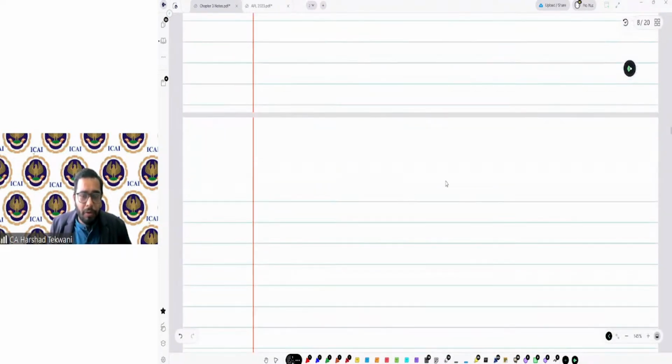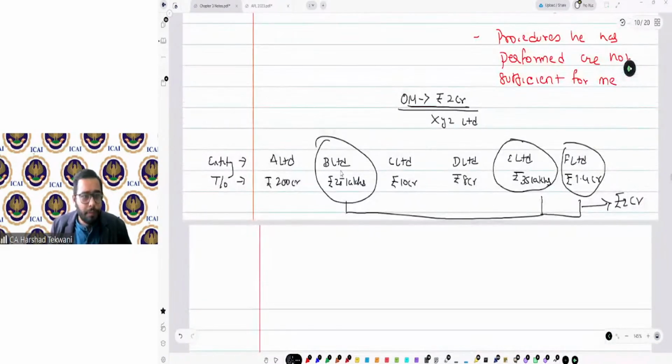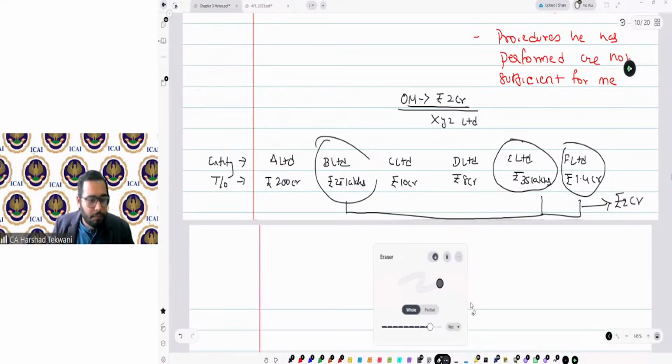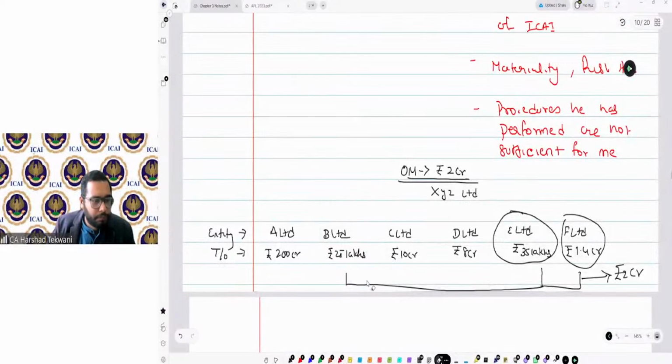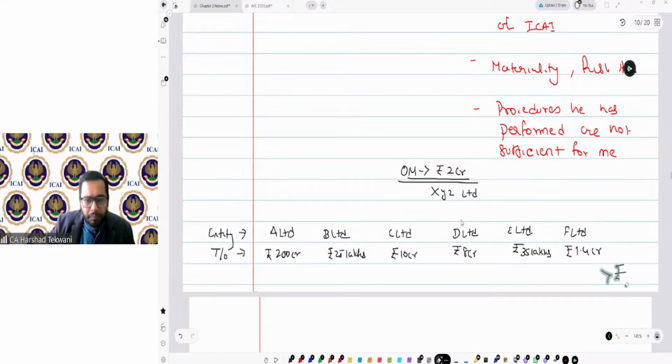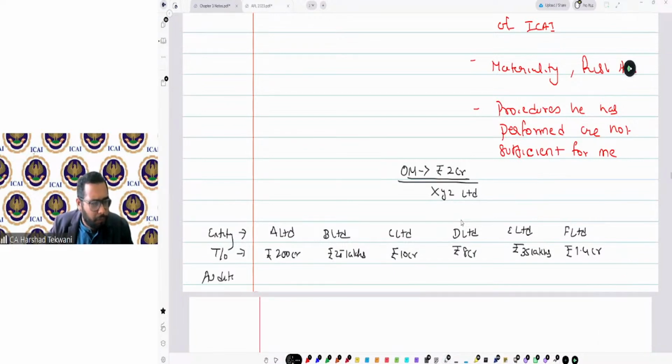Now, when I was talking about this particular example, XYZ Limited, let's say the auditors are M, N, O, P, Q, R. These are the persons who are auditors.